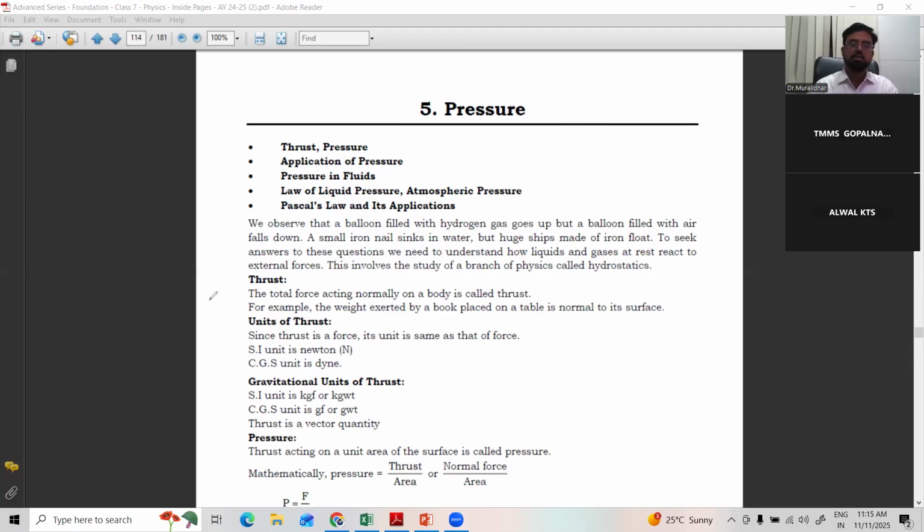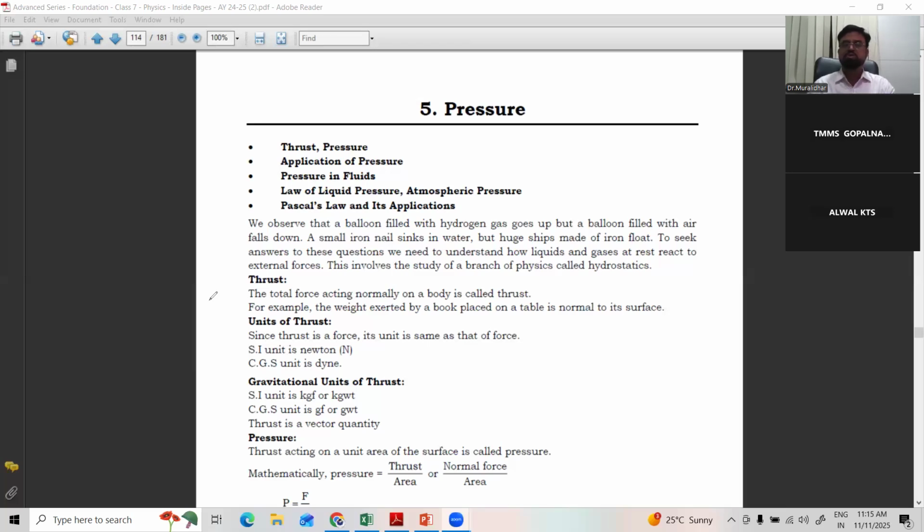Okay. Then after that, we have seen the laws of liquids and atmospheric pressure. The pressure exerted by the atmosphere is measured by a barometer, right?